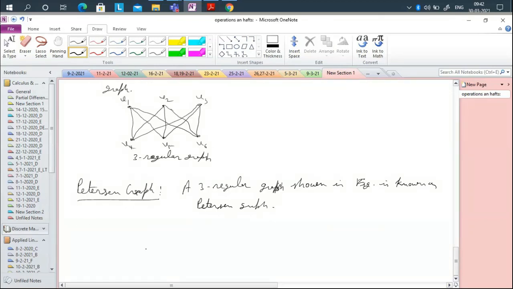This graph is a three regular graph. Okay, so see, this is some special type of graph. This type of graph is called the Petersen graph.